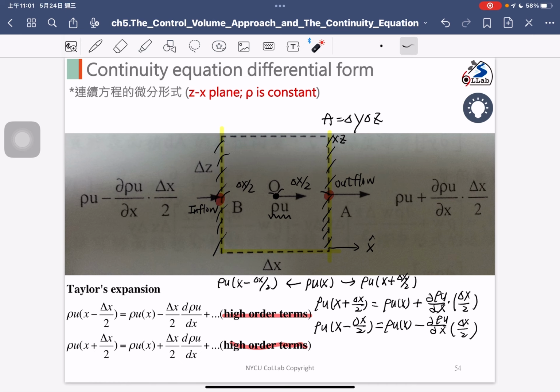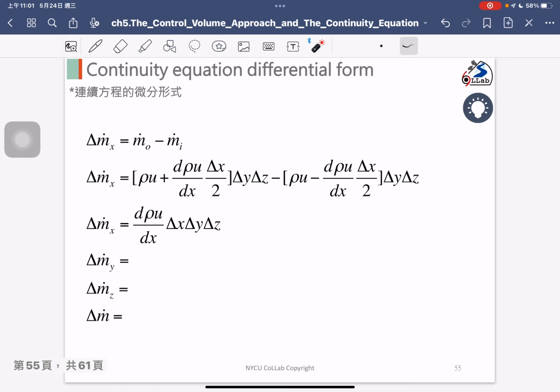Now we can go back to consider the continuity equation. We have the inflow and the outflow, so we can compute the change in flow rate: the outflow minus the inflow.